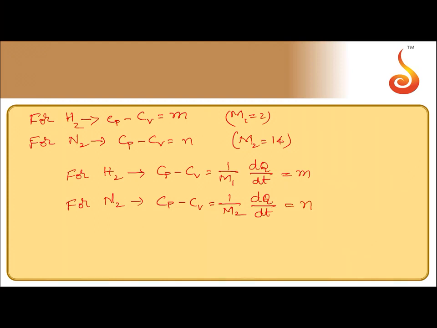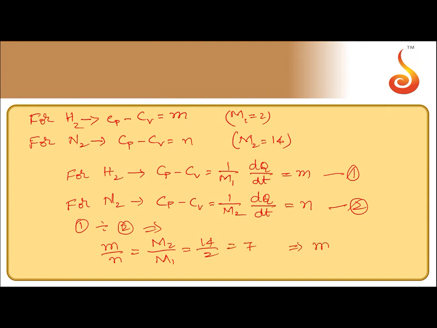So if I divide these two equations, m by n should be equal to m2 by m1, that is 14 by 2, that is 7. So this implies m is equal to 7 times n. So this should be the answer. That is option C.